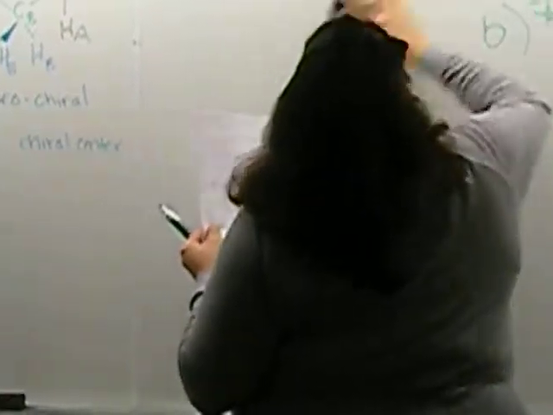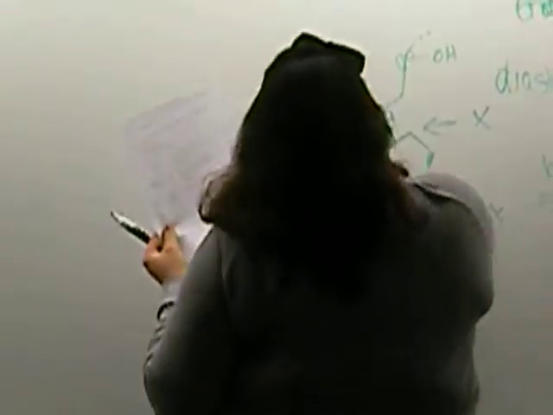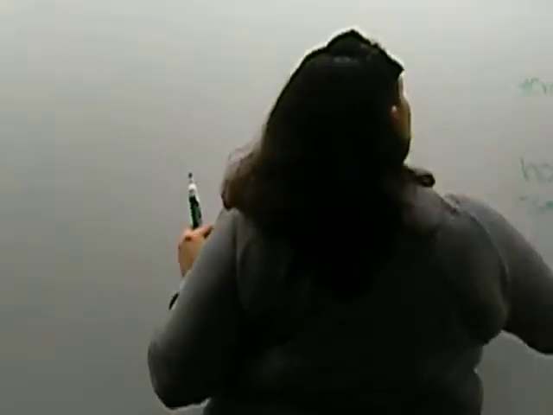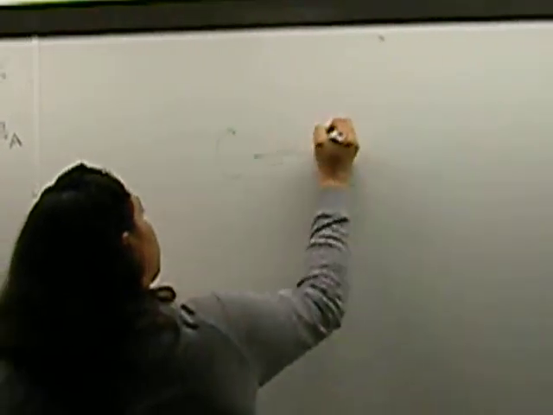Lastly, we're going to try to figure out the number of unrelated hydrogens on a molecule. So we'll just try a basic one.